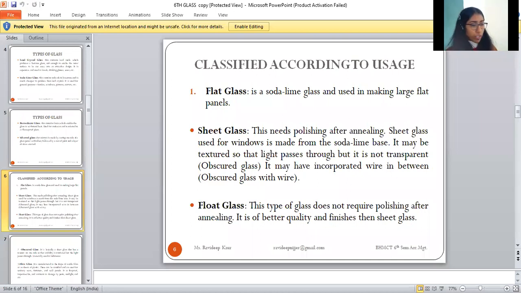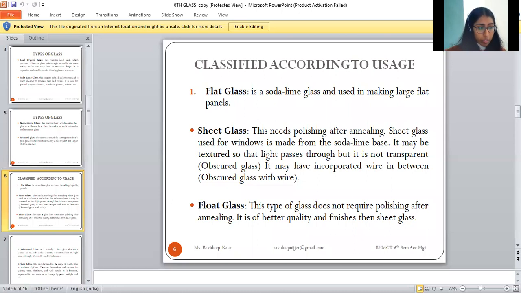Next, we have float glass. This type of glass does not require polishing after annealing. It is of better quality and finish than the sheet glass. Annealing was the process where the mixture of soda and silica and other ingredients gets mixed, and then it is heated above 1300 degrees.